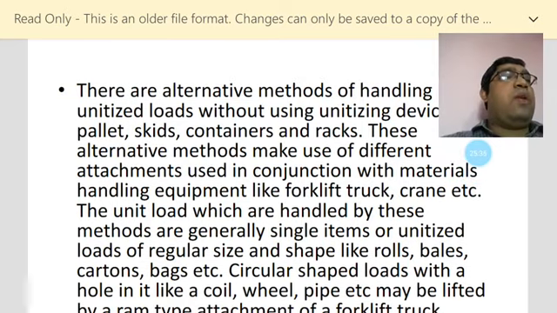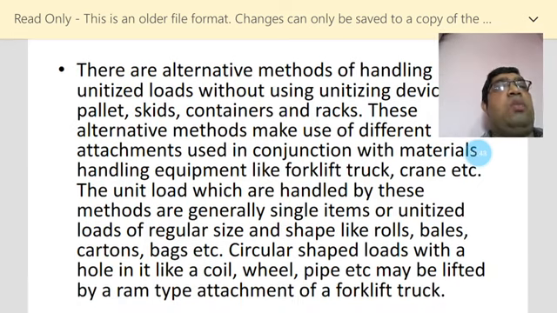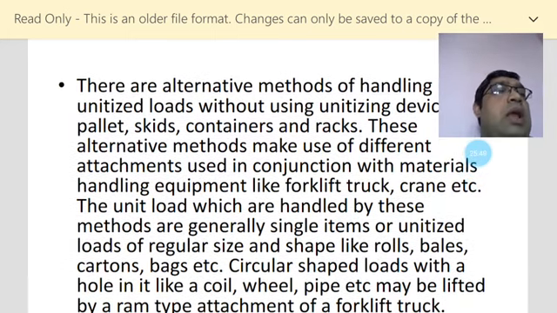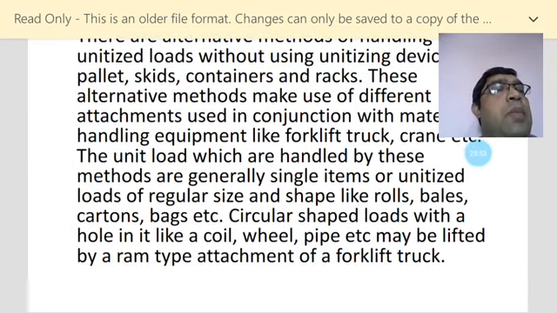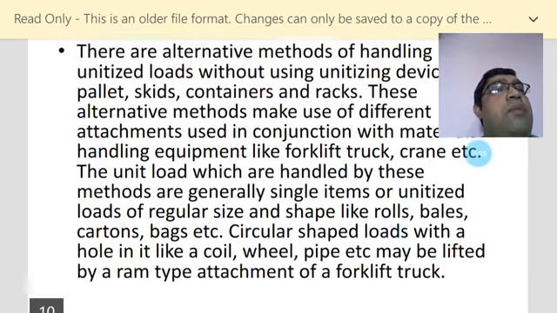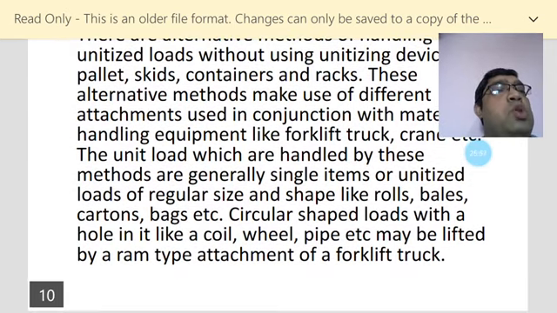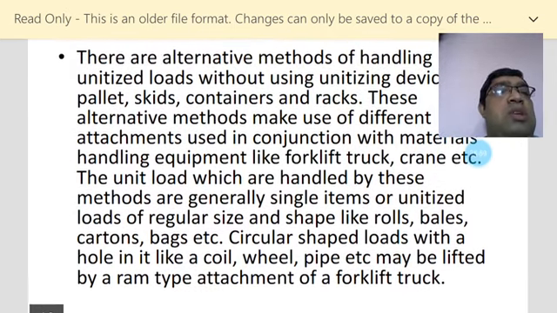The forklift trucks will be considered as materials handling equipment, used in conjunction with attachments, and sometimes we can consider the crane. The crane can very easily handle these materials, and lowering, lifting and horizontal movement can be found with the crane.